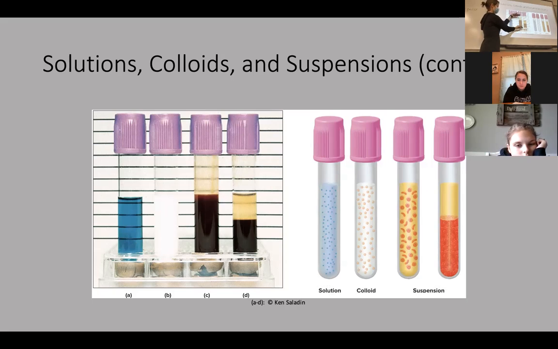The suspension, like I said, is blood. So right after blood is drawn, it all looks red. The plasma and the red blood cells are all mixed up. Here, after a certain amount of time, you get the plasma on top and red blood cells on the bottom. Red blood cells are really big and they're separating out from the plasma. Okay, so those are the three kinds of mixtures you want to be familiar with in the body.